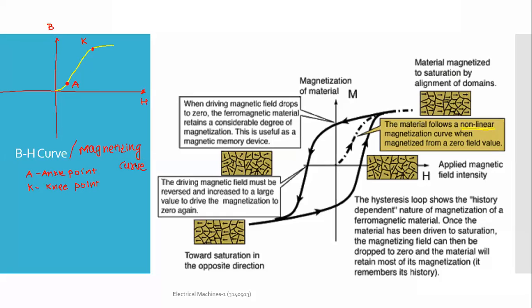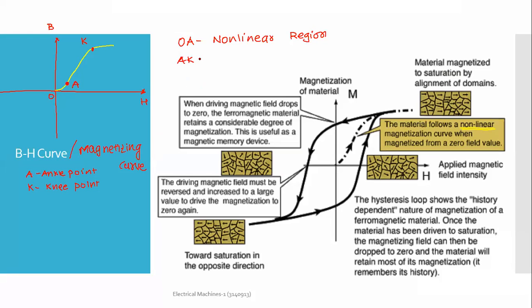In this region from O to A it is non-linear. This is a very small region on this characteristic. In fact, if we obtain it in the laboratory, you may not even be able to visualize this region.